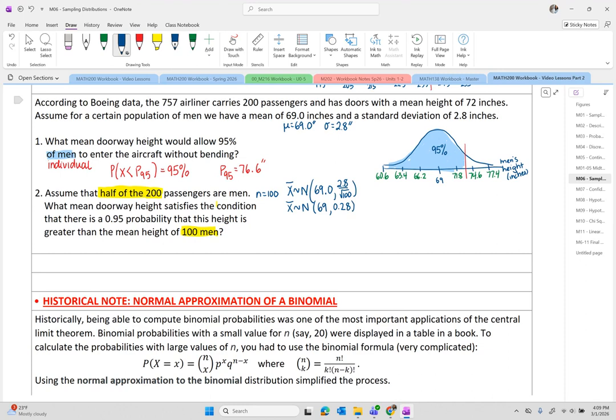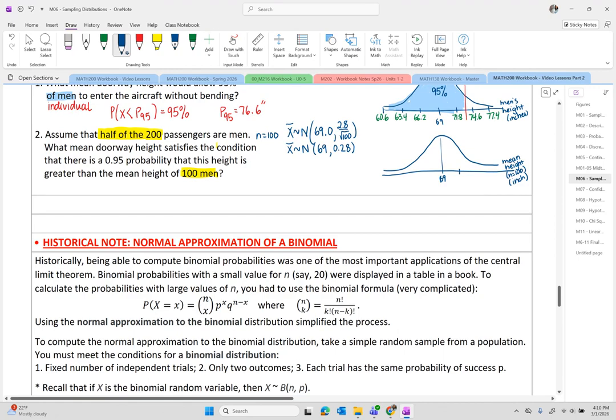So now this normal distribution will have the mean height of a sample of 100 men in inches. And that mean will still be here at 69, but the spread is no longer 2.8 for every tick mark, it is 0.28 for every tick mark.